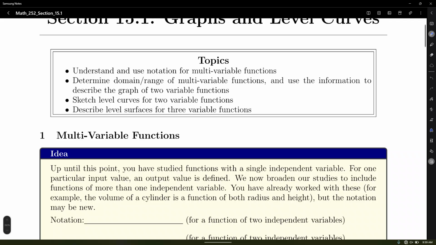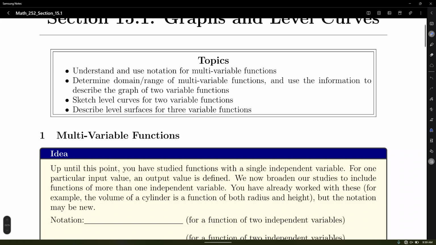We're going to determine the domain and the range, possibly not the range. It might be difficult to look at the range of a function describing a surface, but for the most part, we're going to find the domain for a multiple variable function and use that information to describe the graph of a two variable function.